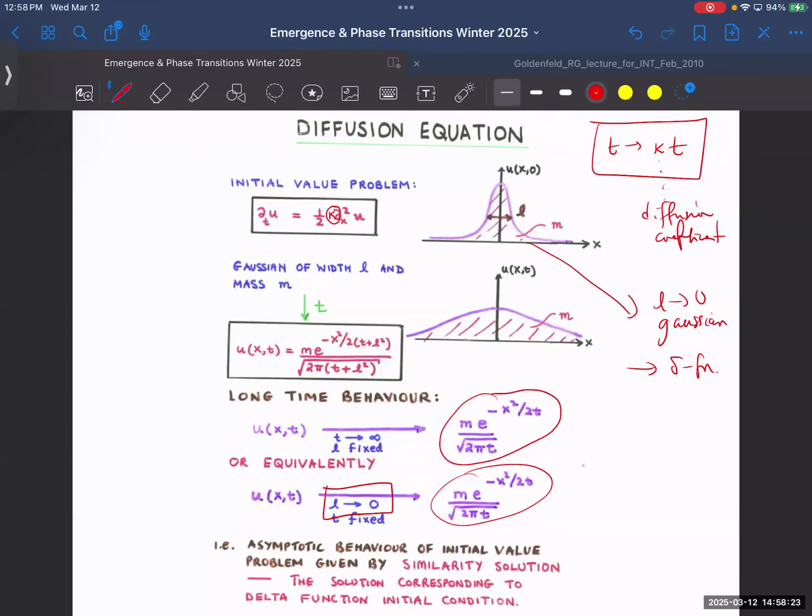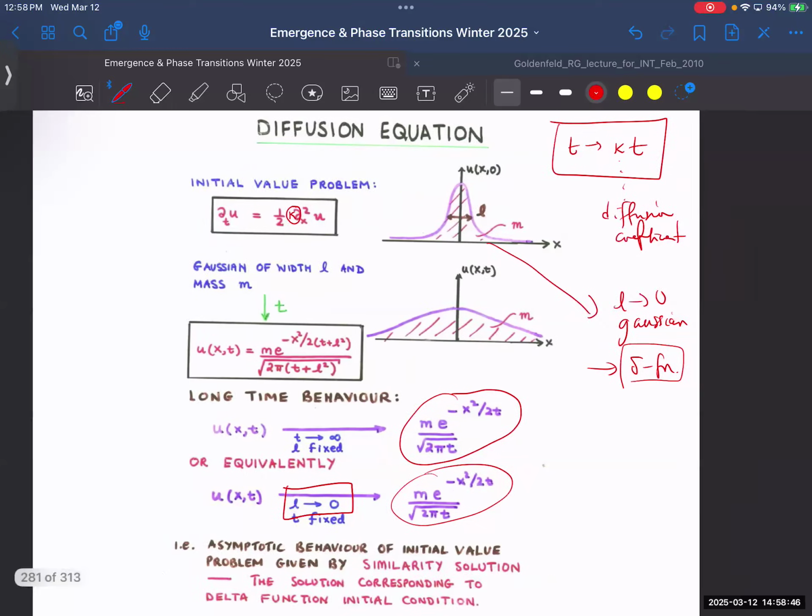And so that's why finding similarity solutions matters. Well, I've taken the initial condition width to 0, that creates an initial distribution, which is a delta function, and then finding the solution that corresponds to that tells me, in many classes of problems, that this is a dynamical attractor for the behavior of the system.